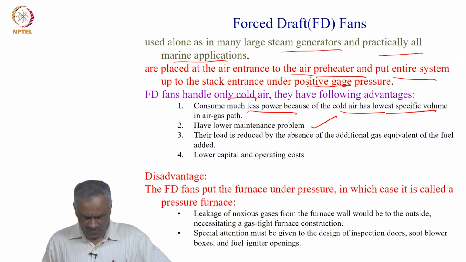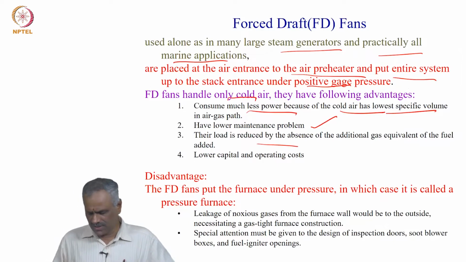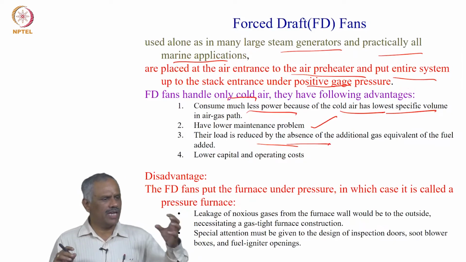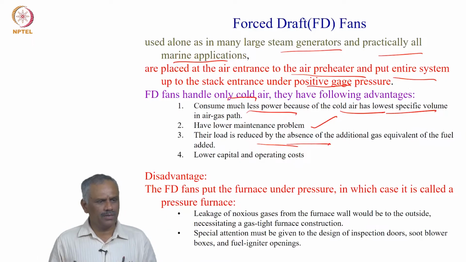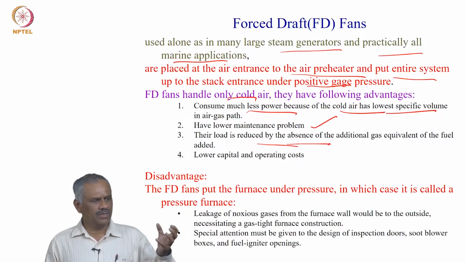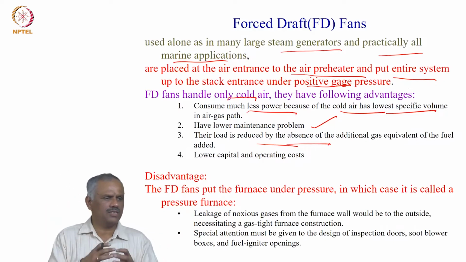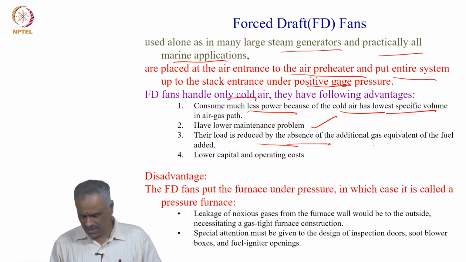Their loads are reduced by the absence of the additional gas equivalent of the fuel. That means, in a balanced draft, the size of the forced draft fan is much smaller than the induced draft fan, because the induced fan has to handle large volumes.